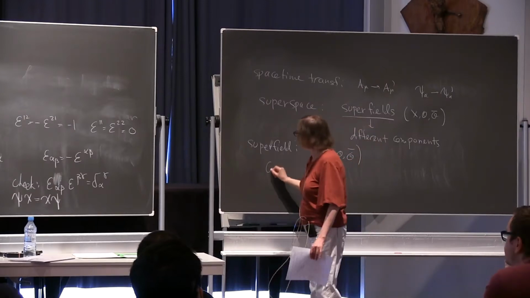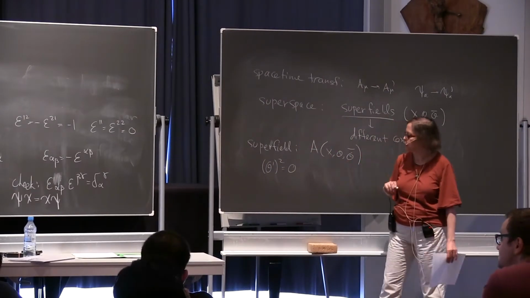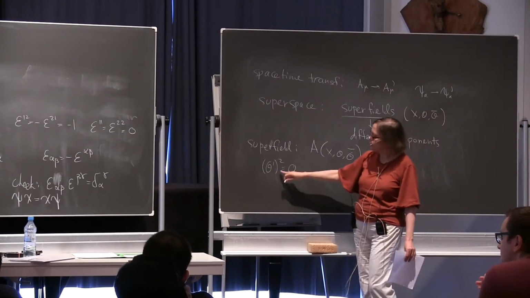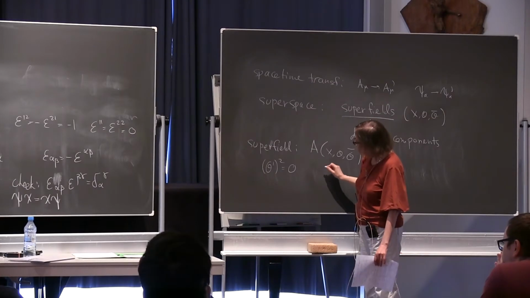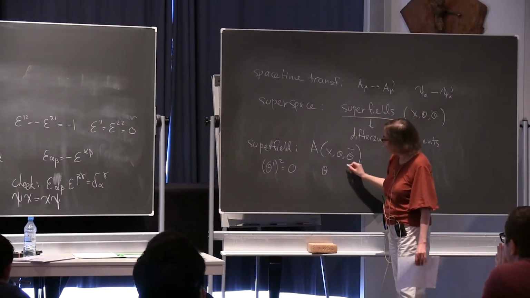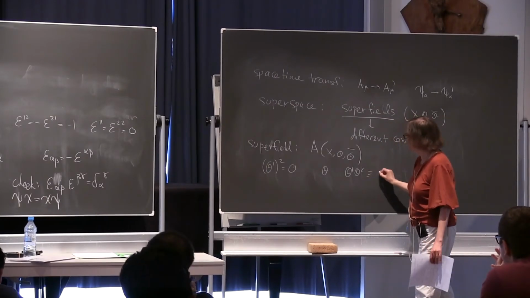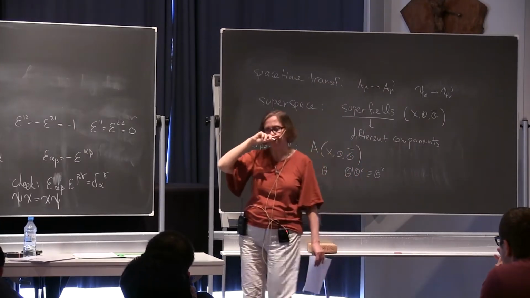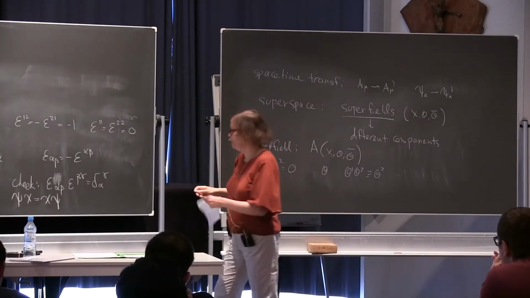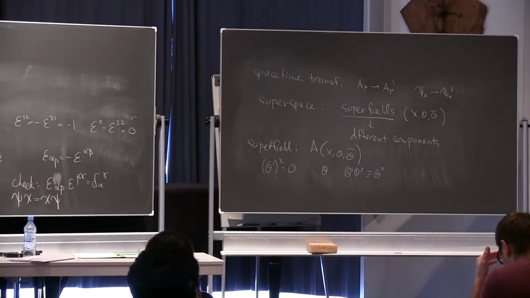Because we know that theta 1 squared is 0, and similarly for theta 2. So the only things that we can write down are things that have no thetas, or a single theta, or theta 1 theta 2, which I'm going to call theta squared, up to a factor of 1/2. So we can just expand this field.